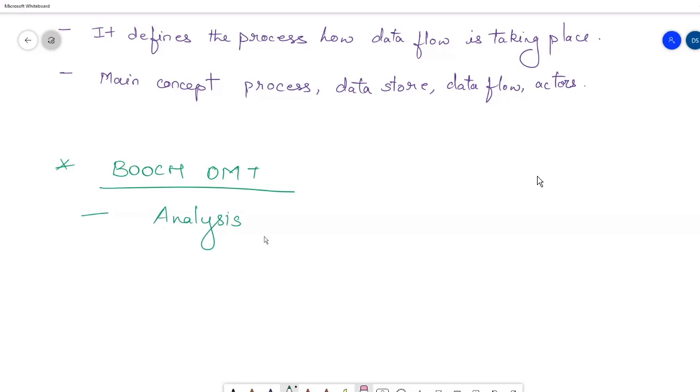Now he has split analysis into different parts. Now what are those? He has said analysis with customer's requirement, and analysis about the domain. Okay, so he proposed a technique which would deal with analyzing the model, how the model can be designed, and what all things would be required.